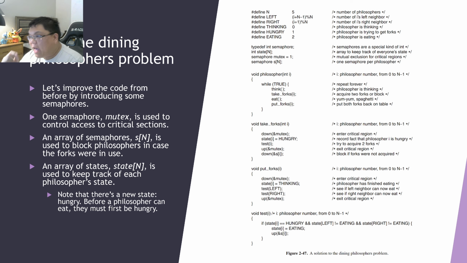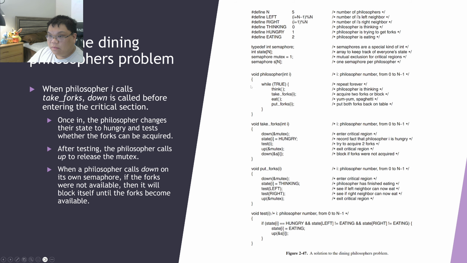Now we have different states. We have 3 states now. A philosopher is either thinking, is eating, or they're hungry. Let's say it's philosopher 1. Philosopher 1 calls take fork, and down is called before we even enter that critical section.